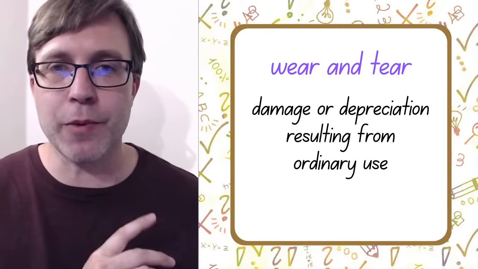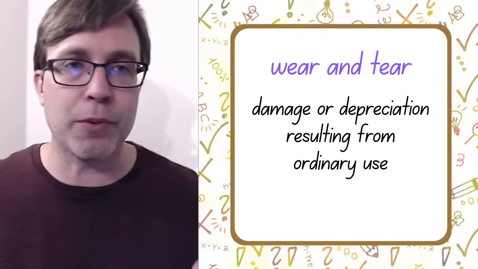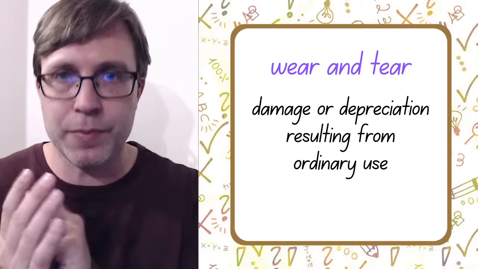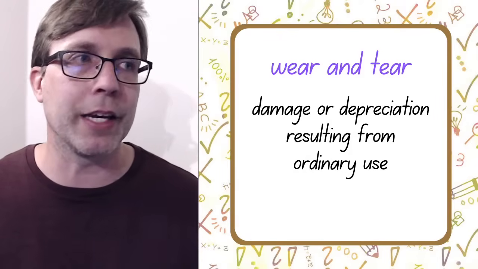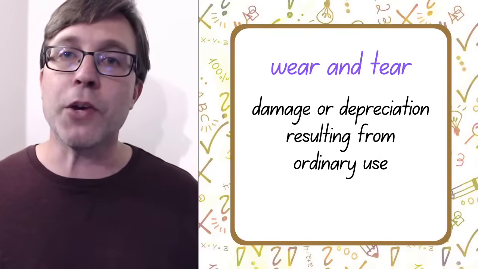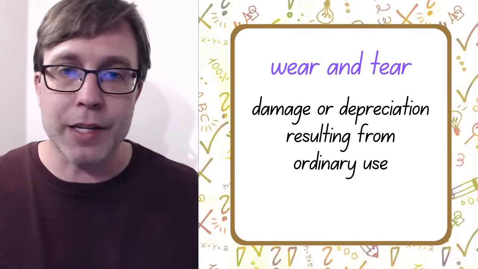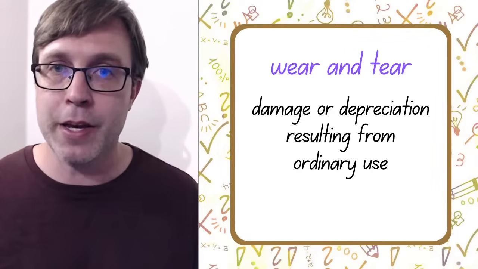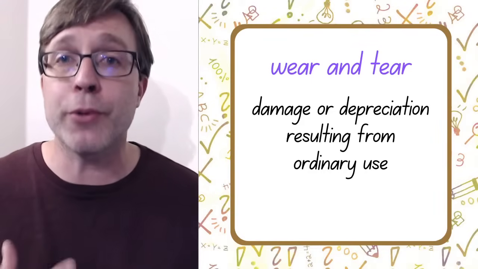The situation in which I think this would be commonly used is if you rent an apartment and you're signing some type of agreement. Typically the contract would say you cannot break or destroy the property, but normal wear and tear is acceptable, because this is talking about just ordinary use, and over time things maybe don't get damaged, but they depreciate.